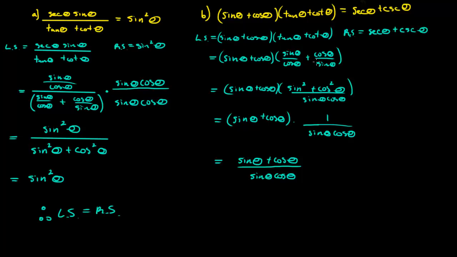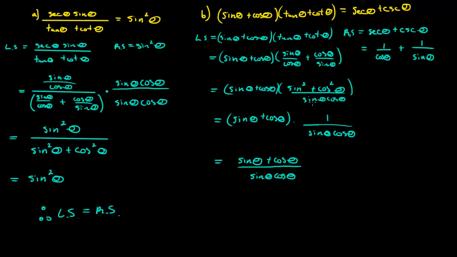Okay, there we go. So I have to somehow show that the left side is equal to the right side. Let's rewrite the right side as 1 over cos theta plus 1 over sine theta.